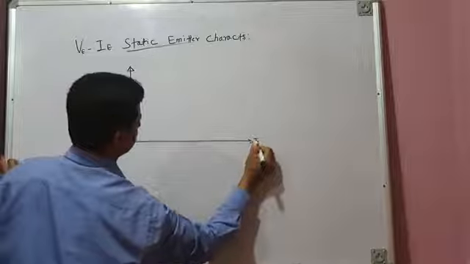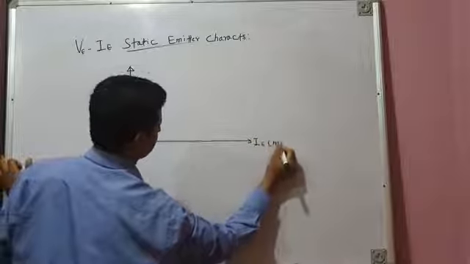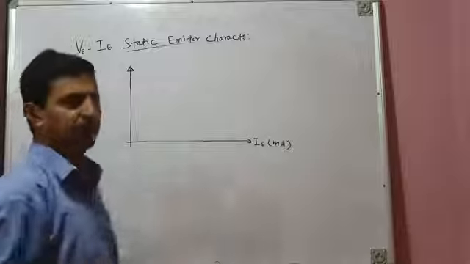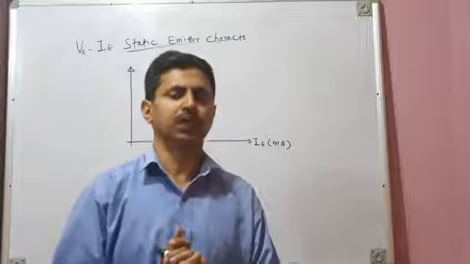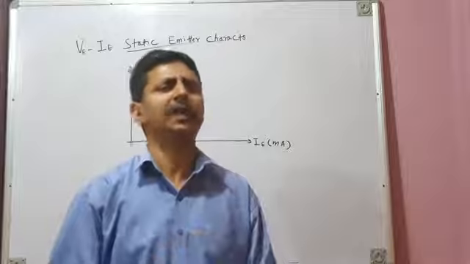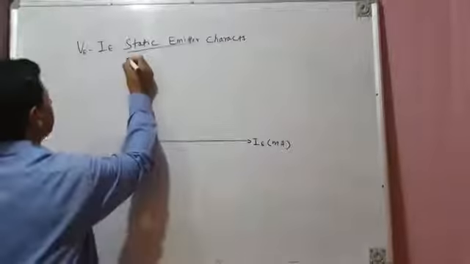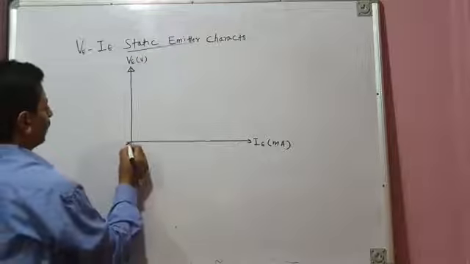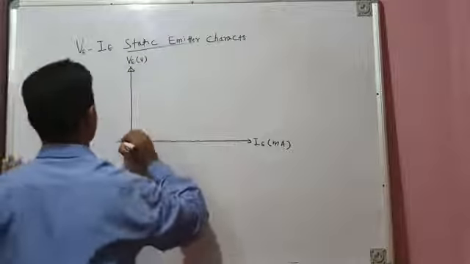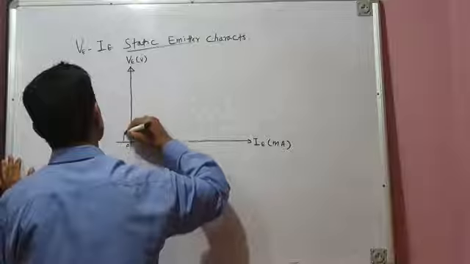This is my emitter current IE. It will be, of course, of the order of milliamperes. UJT current, the emitter current, even if it goes into conduction, is of the order of a few milliamperes only. And this is VE, emitter voltage in volts.